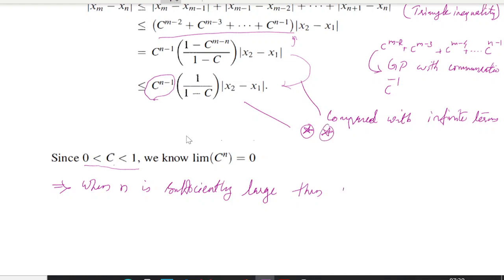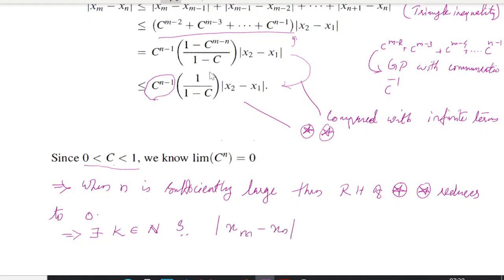Then the RHS of double star reduces to 0. So this implies there exists some k belonging to N, a sufficiently large number, such that modulus of xm minus xn is less than some epsilon for m, n greater than or equal to this k value.